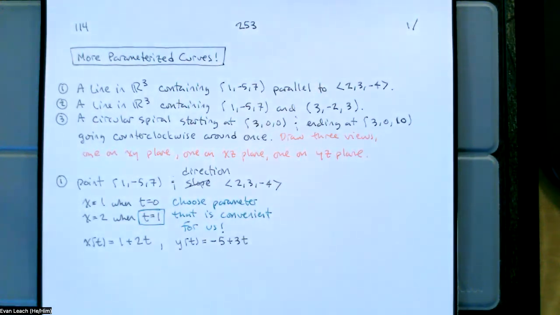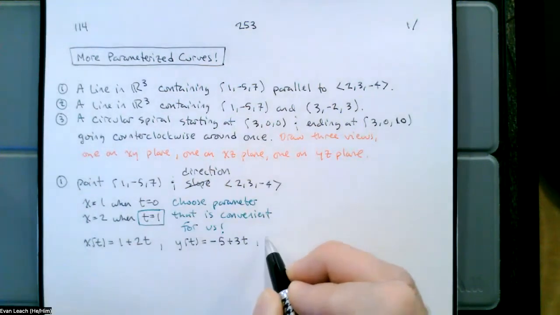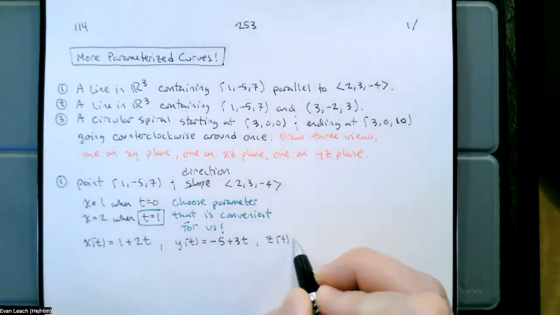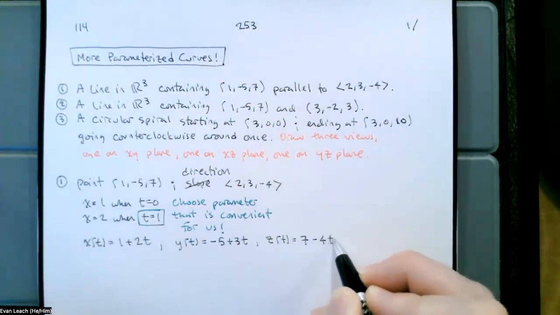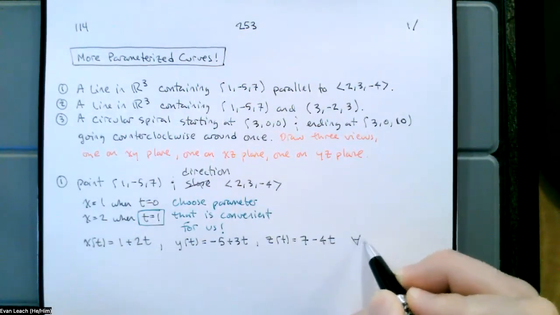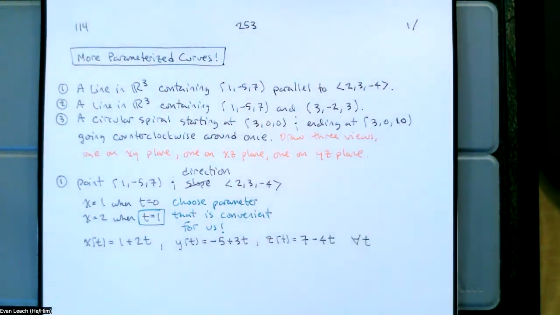Similarly, z will start off at 7 and decrease by 4 every 1 unit. And we can just do this for all t.